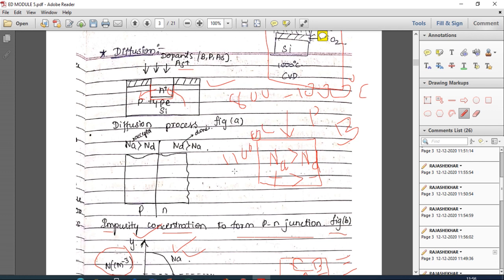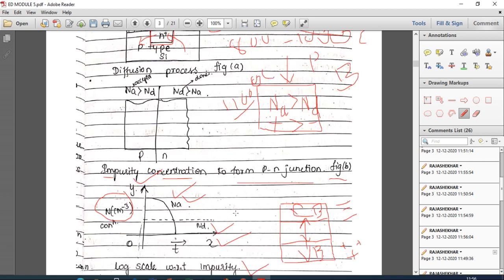So this is the temperature used to perform diffusion. Again I will repeat, diffusion is nothing but moving the charge carriers from a higher concentration area towards a lower concentration area. Then it will achieve uniform concentration.